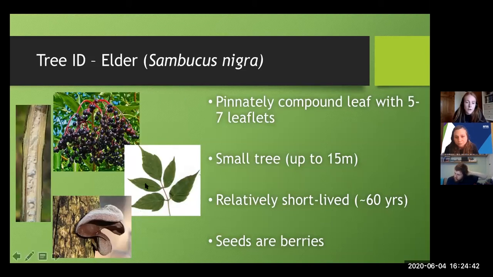So even though this looks like it's got 5 leaves, that's actually just one leaf with 5 leaflets. And pinnate means that it's got pairs and then one at the top, one terminal leaf. So it's pinnately compound, generally 5 leaflets, but sometimes 7.